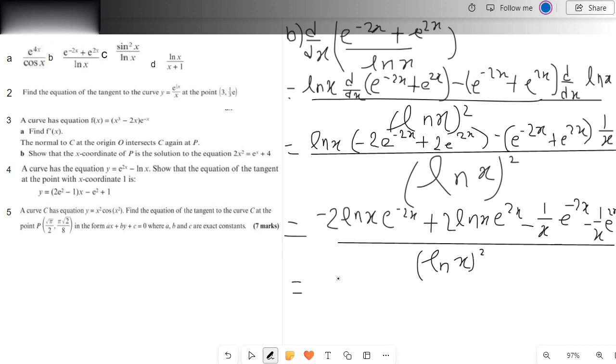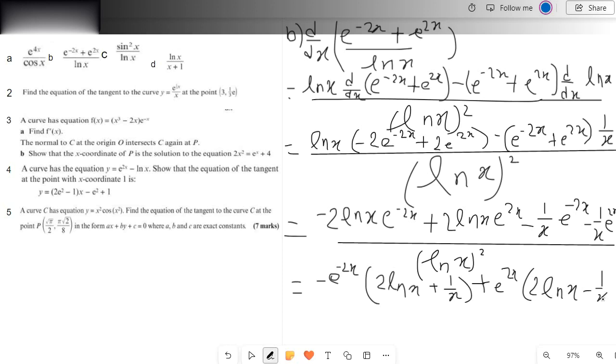Taking a common factor of minus e to the power minus 2x, we have 2 ln x plus 1 over x, and taking a common factor of e to the power 2x, we have 2 ln x minus 1 over x, and then the whole divided by ln x whole squared, and this is our answer.